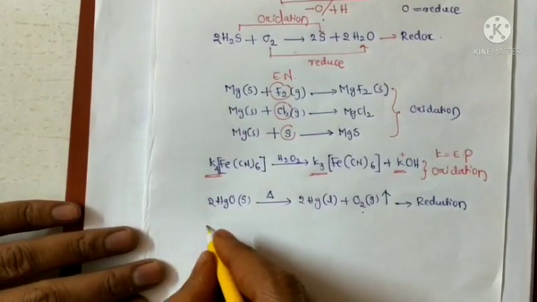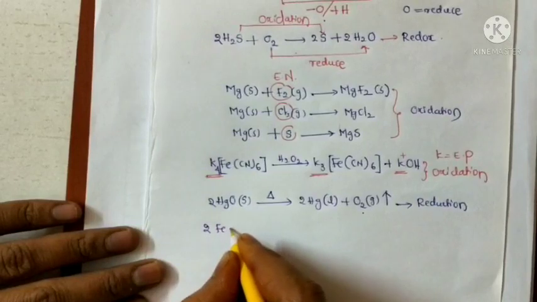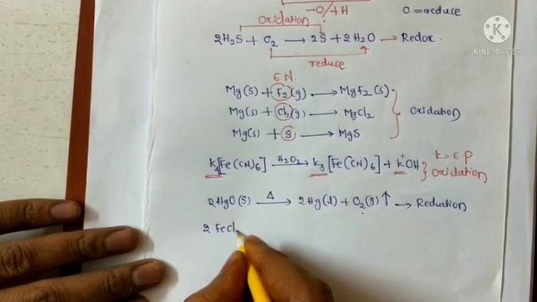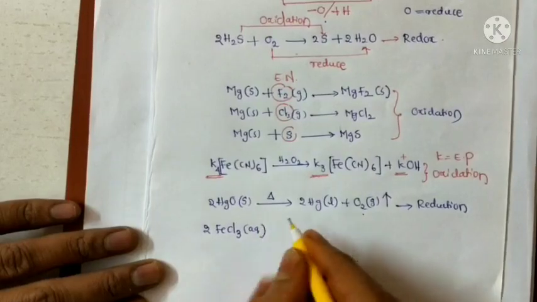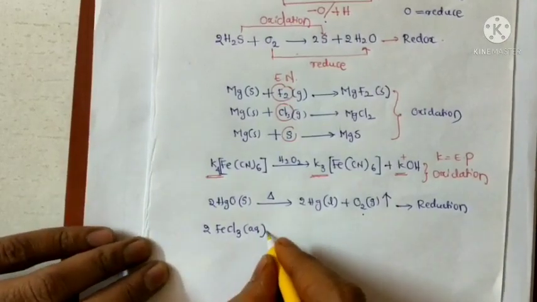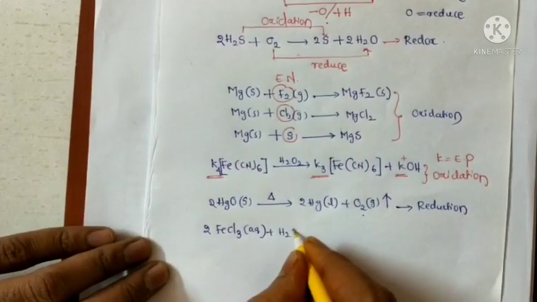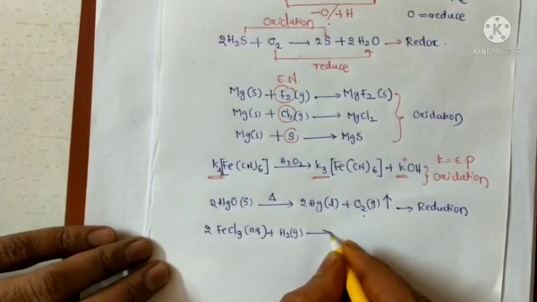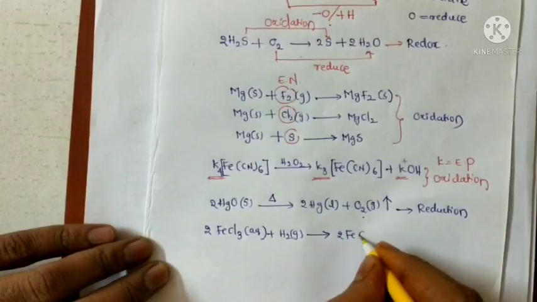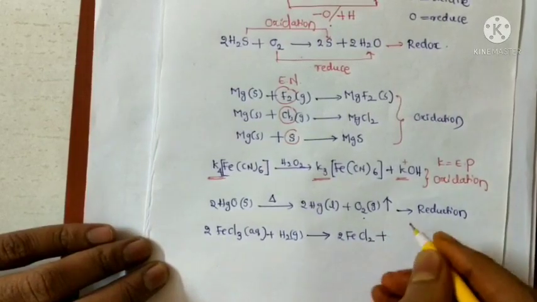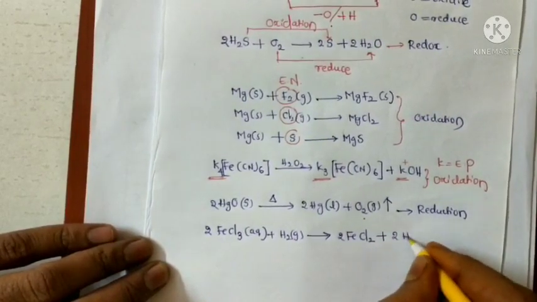Next, 2 moles of ferric chloride, an aqueous solution, reacted with hydrogen gas to form ferrous chloride plus 2 moles of HCl.